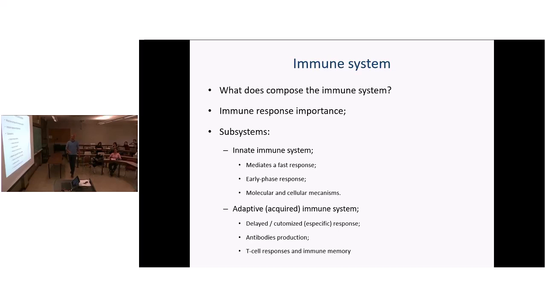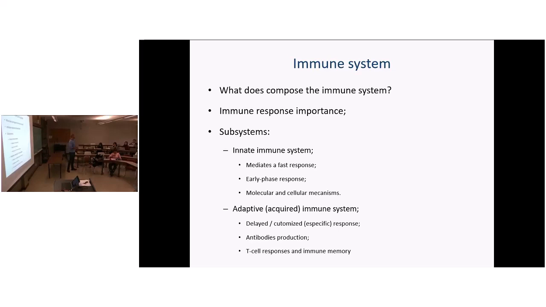When it comes to the adaptive immune system, this is the one that has a big influence of what we call T cells, and it tends to be a little bit more delayed, a customized kind of response.